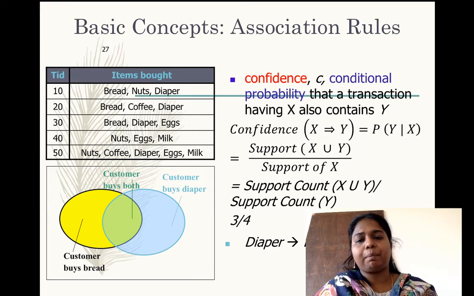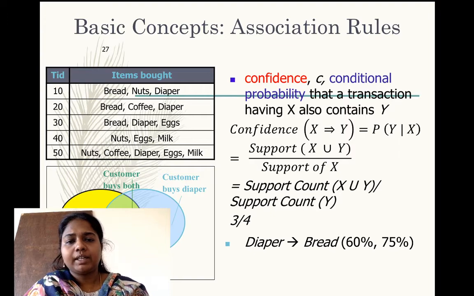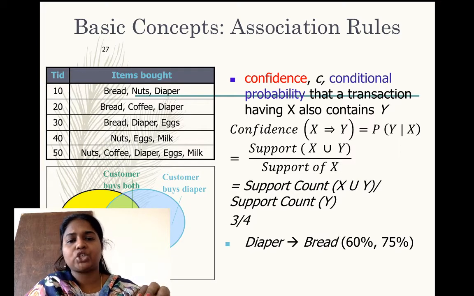So I can define my pattern as diaper. Every time a diaper is bought, the consequent is going to be bread. 60 percent, or 3 out of 5 transactions, have both diaper and bread together, and out of the number of transactions in which diaper is bought, which is 4, 3 transactions have bread also.